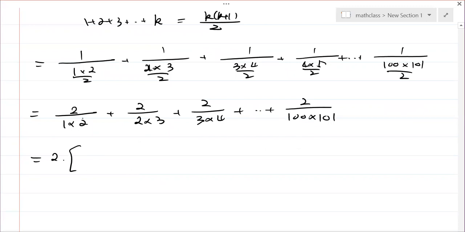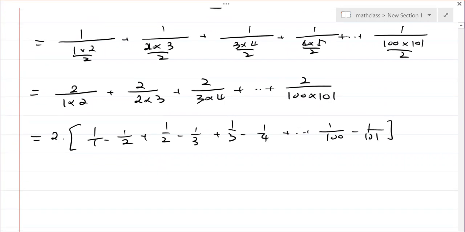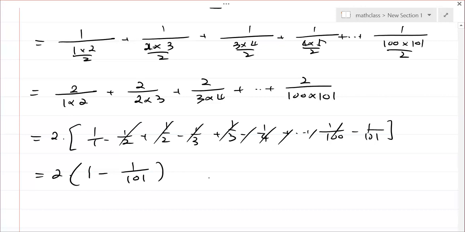And what do we do? 1 over 1 minus 1 over 2, 1 over 2 minus 1 over 3, 1 over 3 minus 1 over 4, keep going, 1 over 100 minus 1 over 101. All of the terms in the middle cancel out, so you only get 1 over 1 minus 1 over 101. So you get 200 over 101. That's our answer.